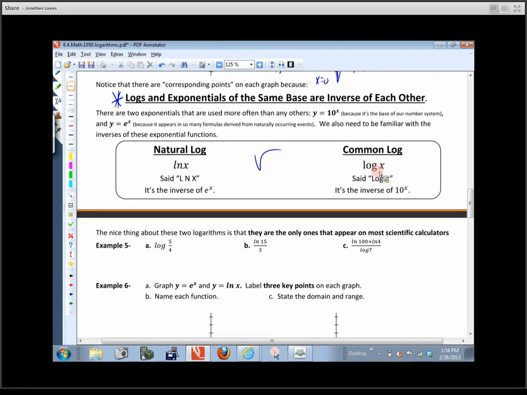So this is log base 10. You just need to understand that. It's the inverse of exponential base 10. And there's no base on the ln one, but the n reminds us that it's the base of the natural number e. So this is ln x, log base e. This is log of x. That's the common log or log base 10. Okay? Any questions there? Okay.